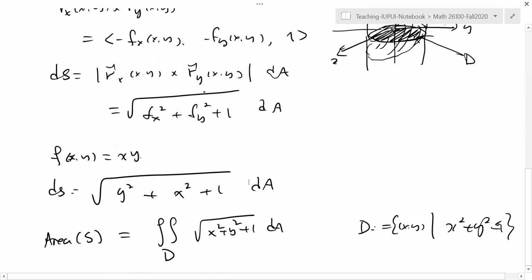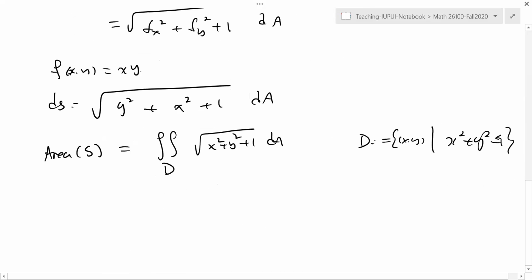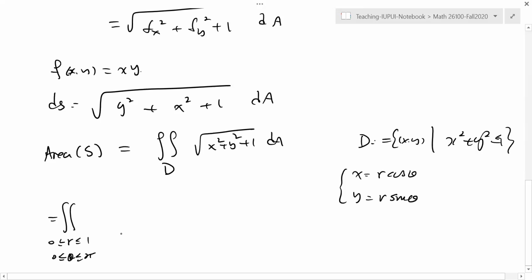Then when you see this, it's pretty standard to use polar coordinates. When you give a complete solution, you should write down the polar coordinates. So r is between 0 and 1, theta is between 0 and 2 pi, and here it is square root of r squared plus 1, times r dr d theta.